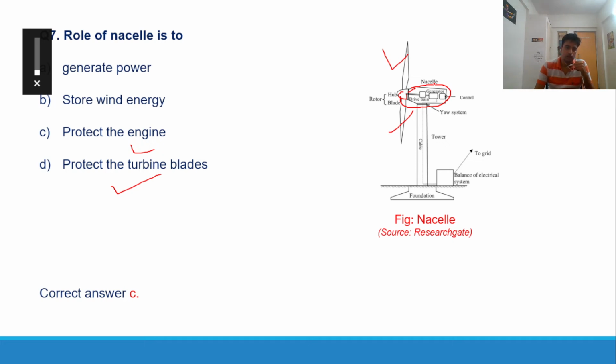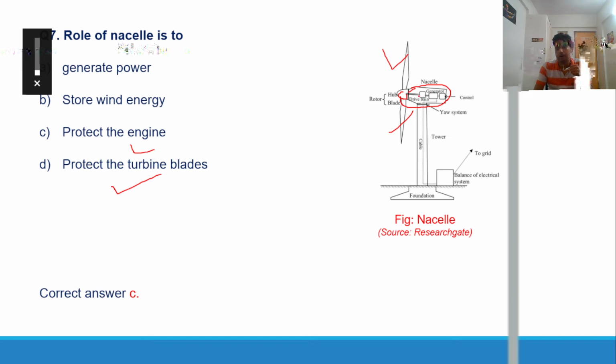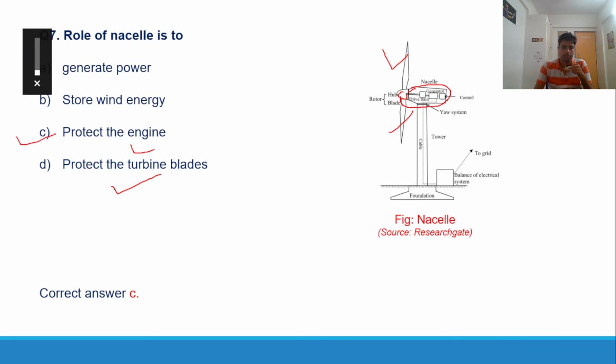So what is the role of the nacelle? It protects the generator and other mechanisms present here. So the correct option is protect the engine. Not only engine, generator; engine here is actually referring to the generator. Generator plus drive trains are there, gear mechanisms are there.